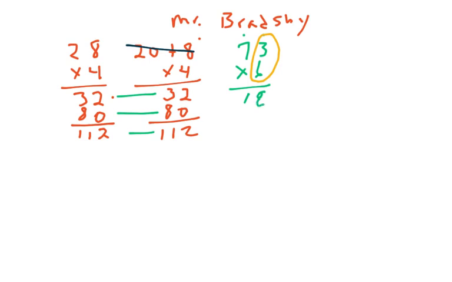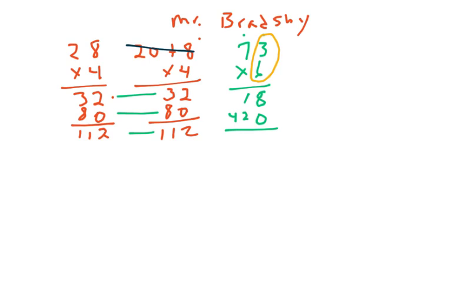That's 18, right? Now I'm going to multiply 6 times 70, or the tens. So again, I put down my 0 because it's going to be 70 times 6, so it's going to end in a 0. It's going to be tens. And then 6 times 7. What's 6 times 7? 42, correct? So it's 420, or 42 tens.